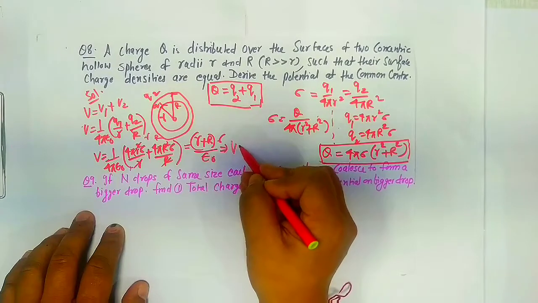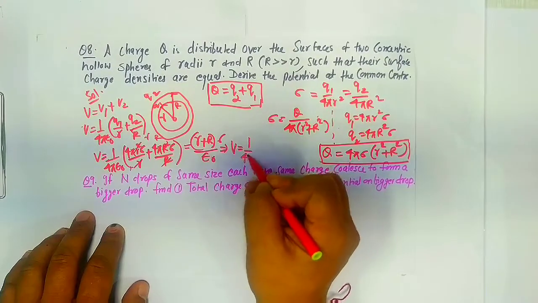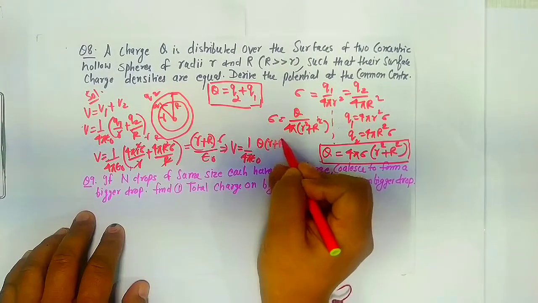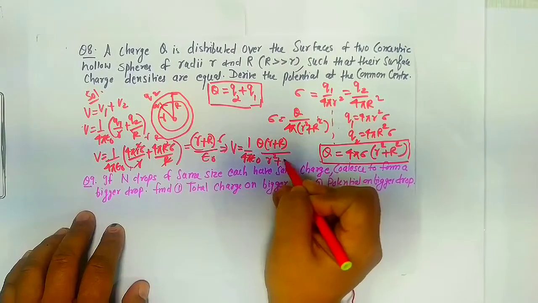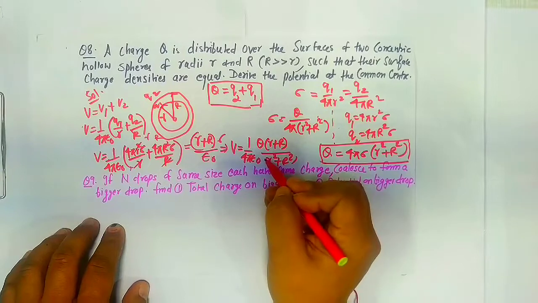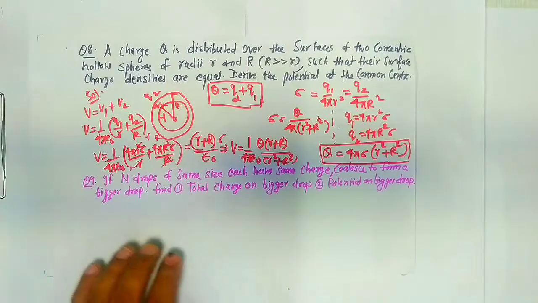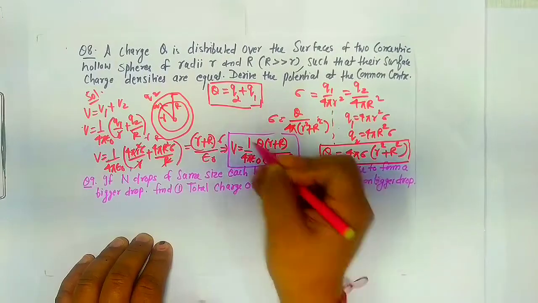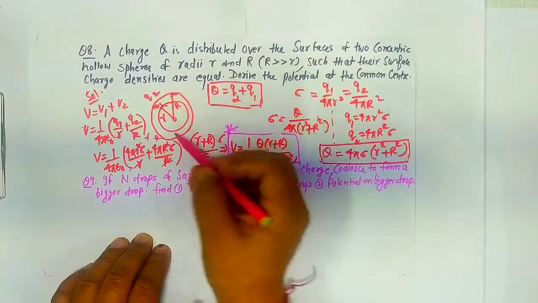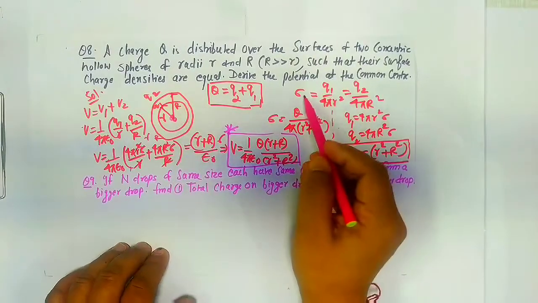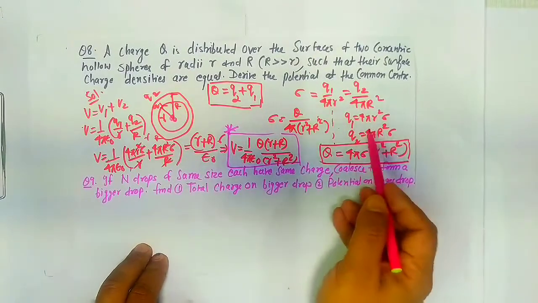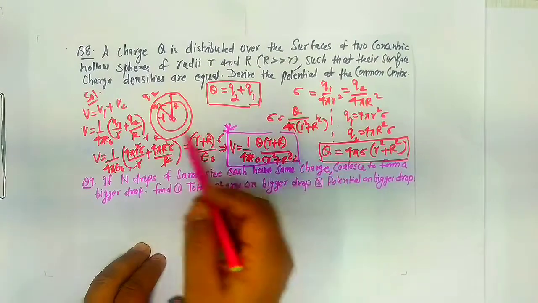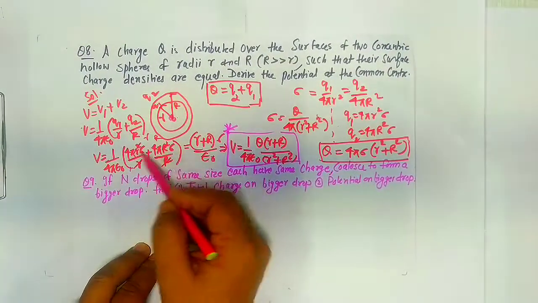And finally you get 1 upon 4 pi epsilon naught Q (r plus R) upon (r square plus R square). So this is a very, very important question. The earlier question was also important. This will be the net potential at the common center O. How did you get it? Sigma is the same. Then you calculated q1, q2, then capital Q was calculated, then sigma, then net potential, and then you put in the values.